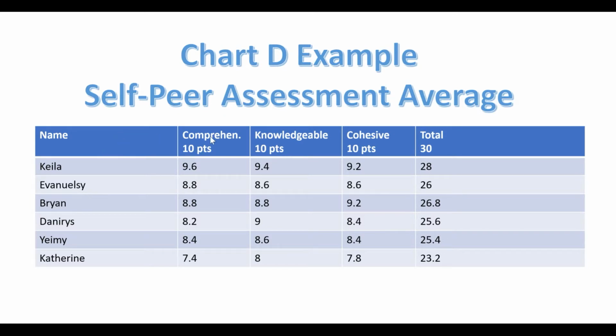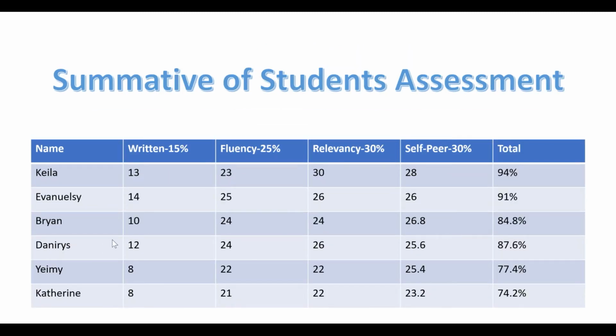In this chart, it's basically peer assessment. I have self here, but since one of the students, Jamie, didn't rate herself, I thought it was more appropriate to remove that from this chart. And from those charts, I have this summative of how they performed.